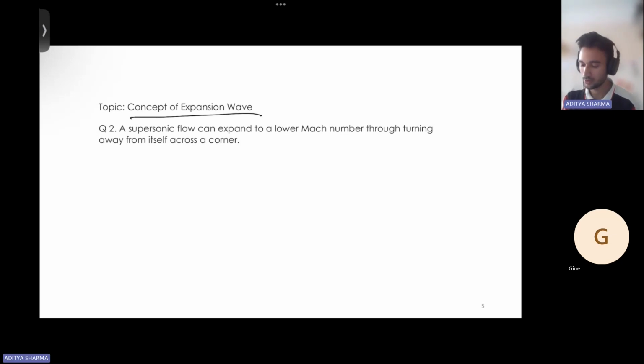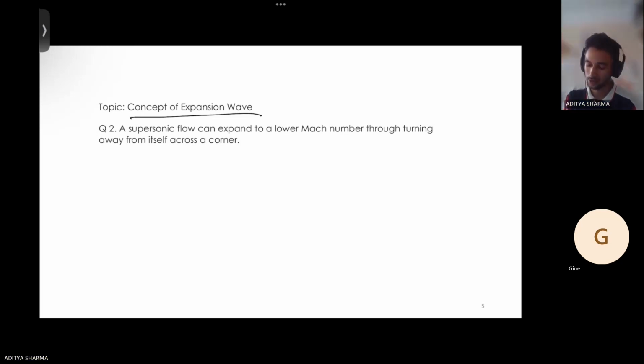The question says that a supersonic flow can expand to a lower Mach number through turning away from itself across a corner.